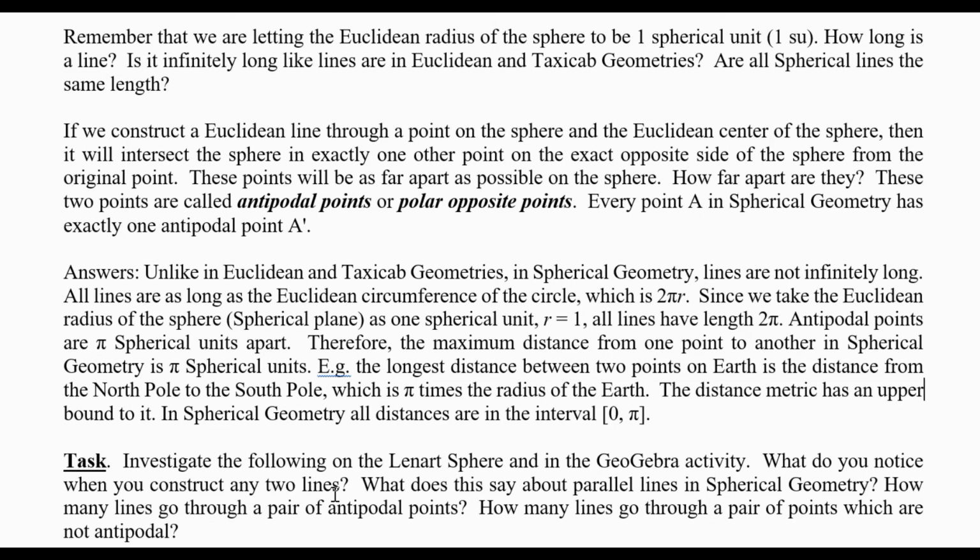What does this say about parallel lines in spherical geometry? And how many lines go through a pair of antipodal points? How many lines go through a pair of points which are not antipodal? So think about that for a bit. Try it out yourself. It's important you try it out yourself. Then come back and then let's see what happens with that. Press pause now.